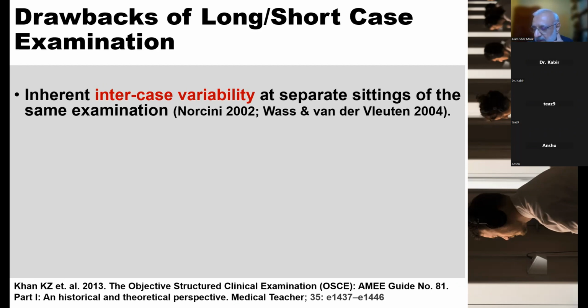This is one view. The counter view is that it is realistic. In a real life situation, every graduate would not get a similar patient. So we can argue on both sides, but in a way, to be fair in our assessment, students are given the same kind of situation.